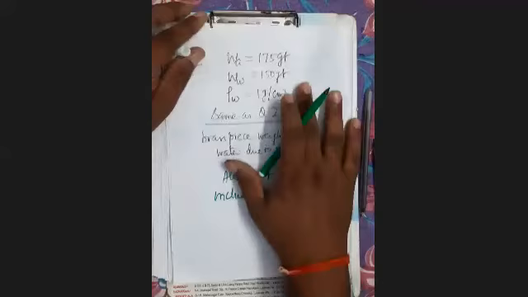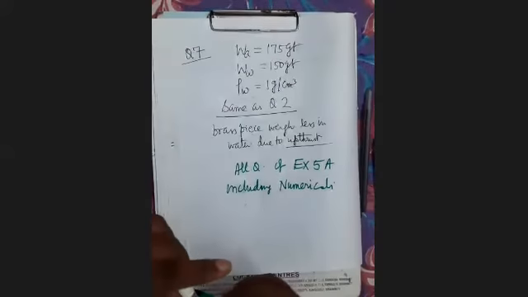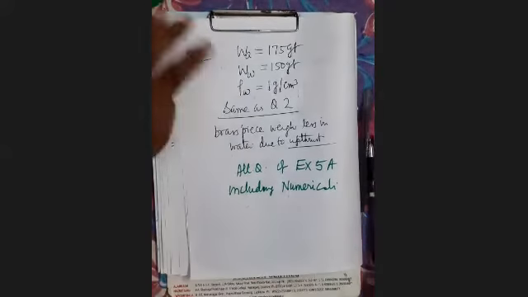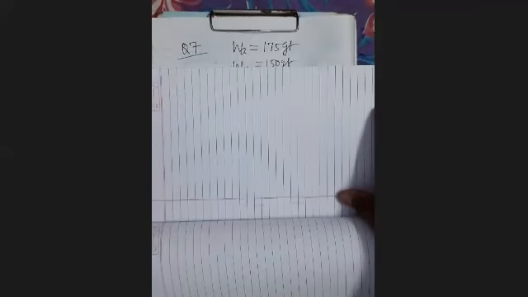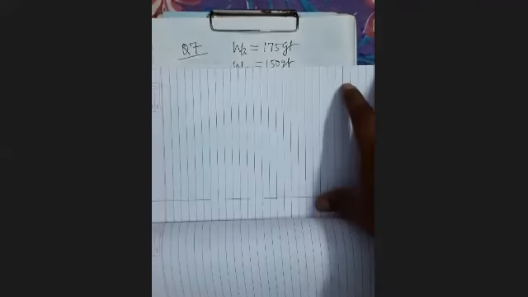It's clear? After doing those questions in the register, what will you do? I will provide the link of the Google Classroom. It's clear? Don't keep the copy like this. Not in the landscape form. You will do it in the portrait form. After that, what will you do?